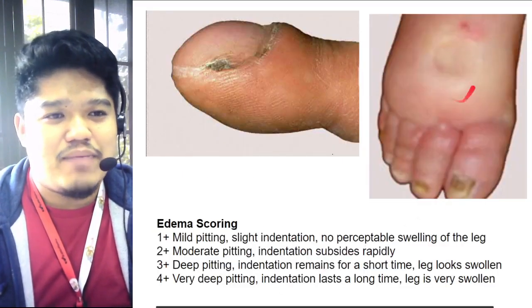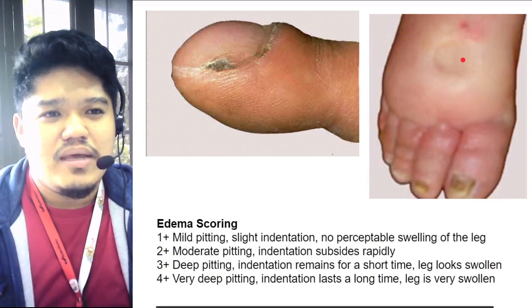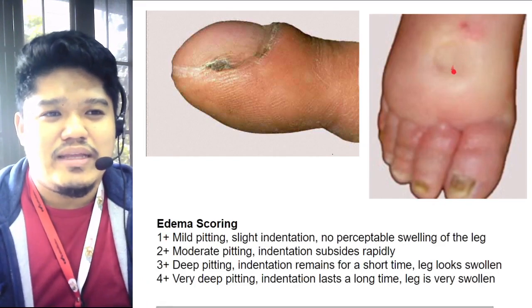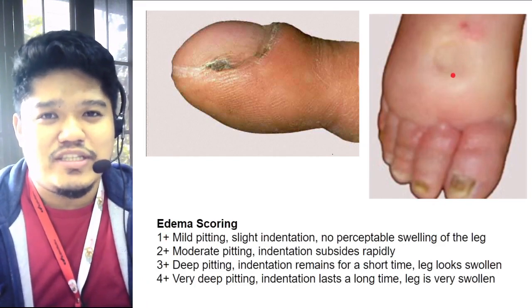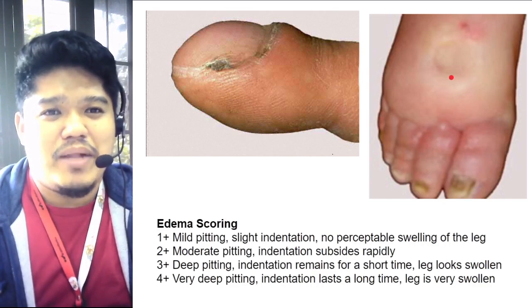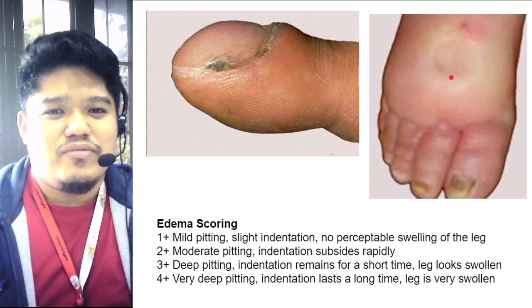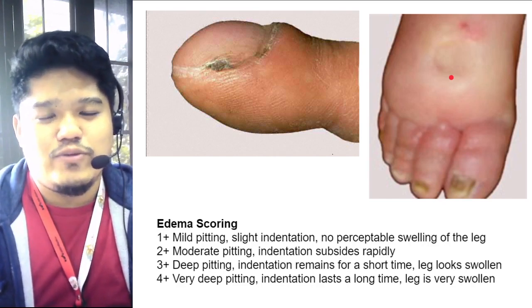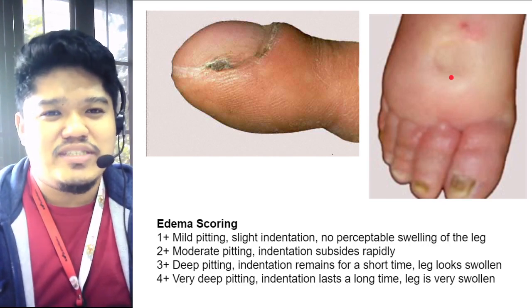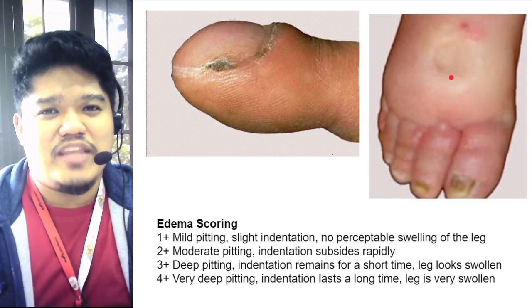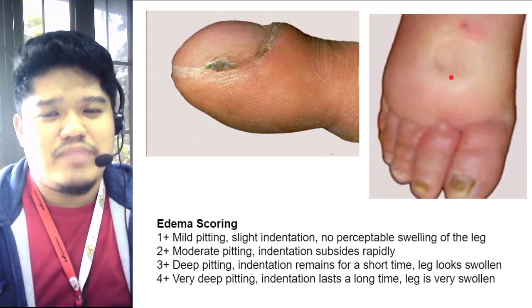This is an example of a pitting edema wherein a presence of indention is seen upon palpation of the healthcare professional. The indention is measured with grade 1, grade 2, 3, and 4. So these grades indicate the depth of the indention measured in millimeters.